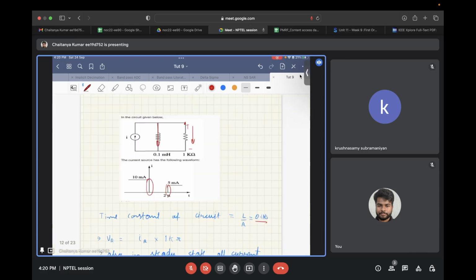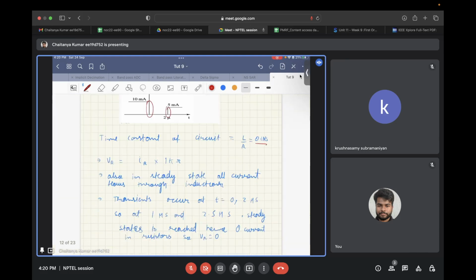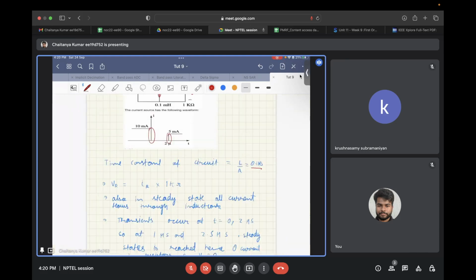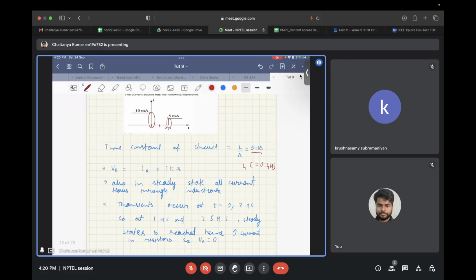As far as 1 microsecond and 2.5 microseconds are concerned, 1 microsecond is greater than 4 time constants. 4 time constants here comes out to be 0.4 microseconds, and from the first transient to 1 microsecond you have 1 microsecond, so it's greater than 0.4 microseconds.